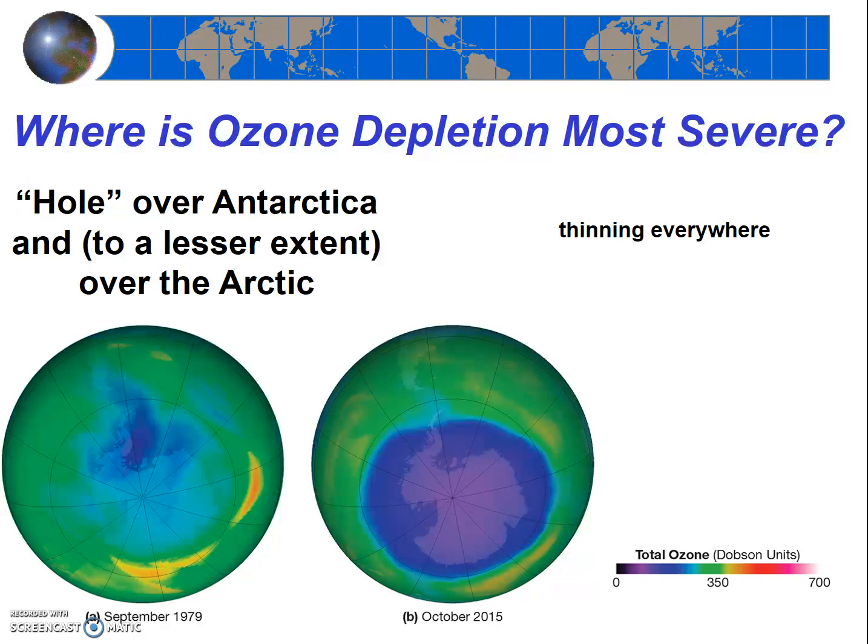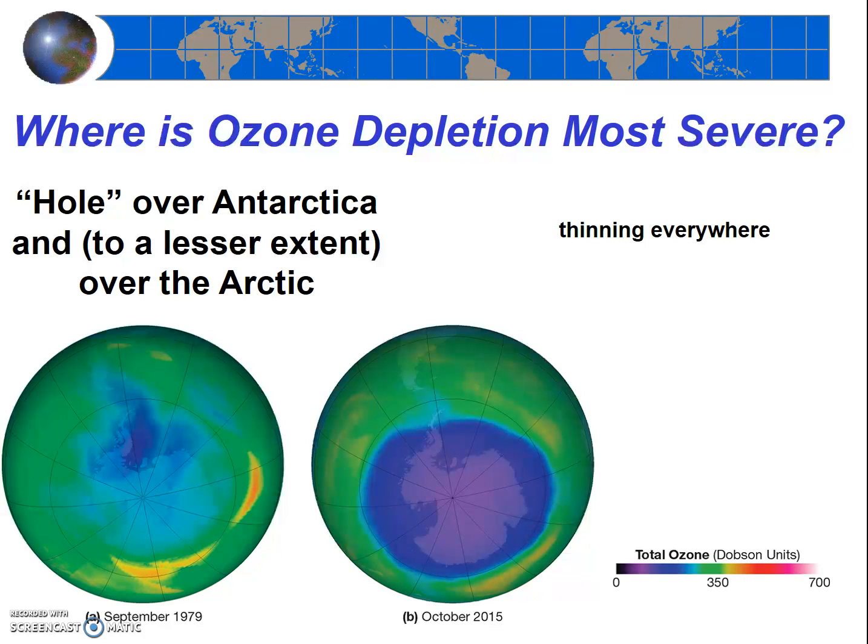So this cold air in this vortex is isolated, and the clouds within this region are formed mainly of ice crystals, as it's very cold, not liquid water. Ice crystals are very effective at attracting and accumulating chlorine-based molecules. When spring arrives and the ice crystals melt, then all of a sudden an enormous amount of this chlorine is released all at once and starts to destroy the ozone all at once.